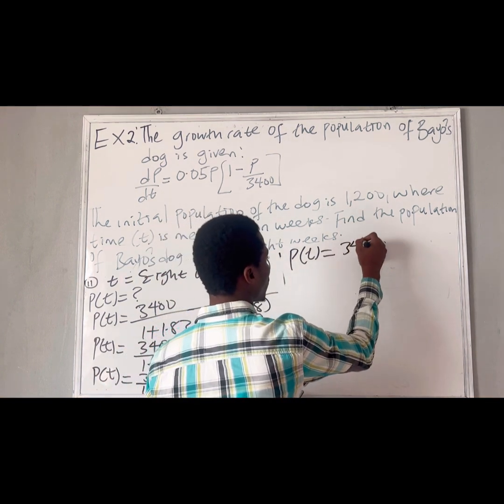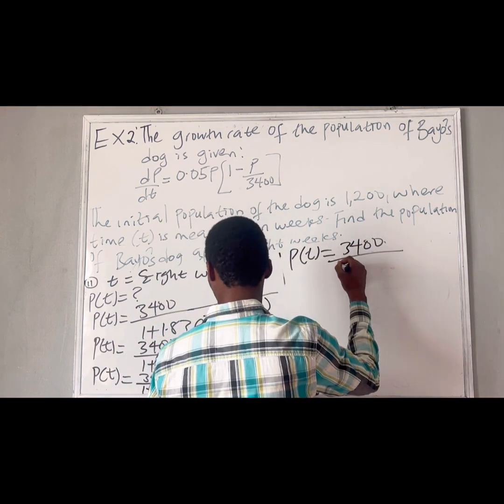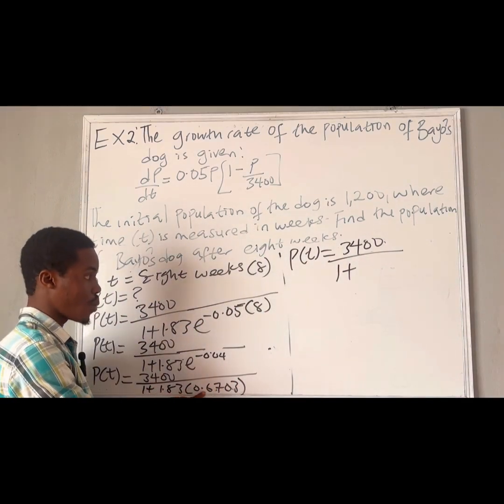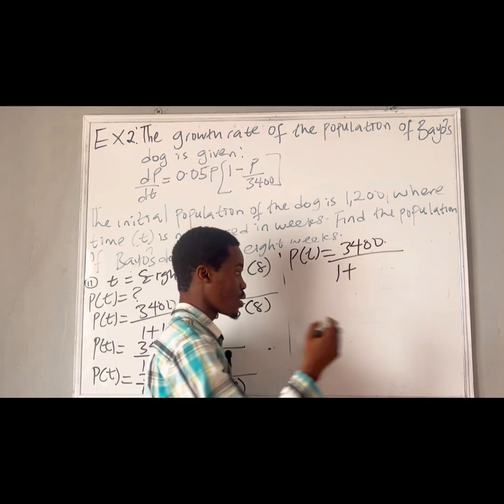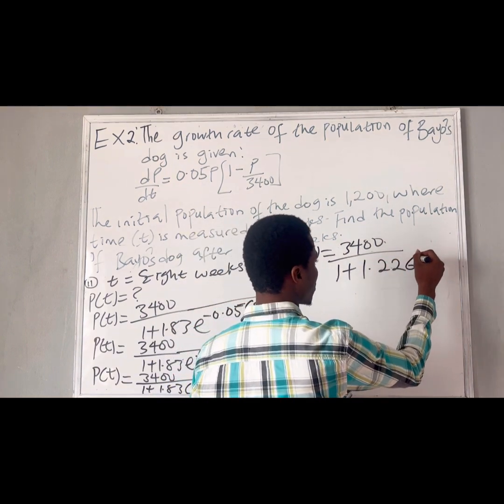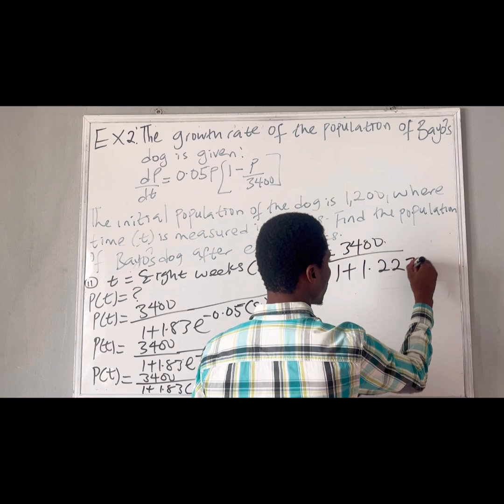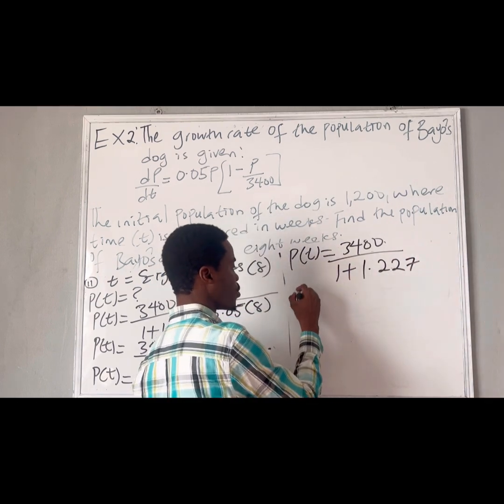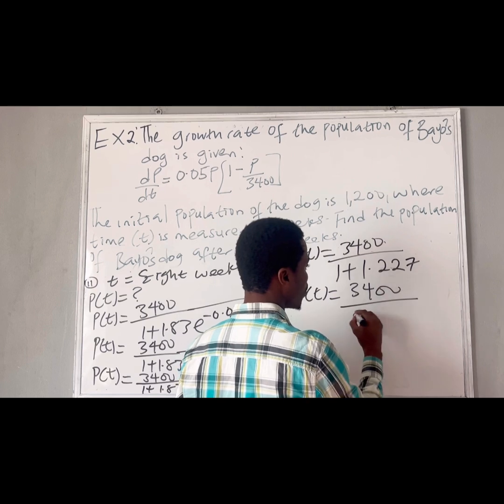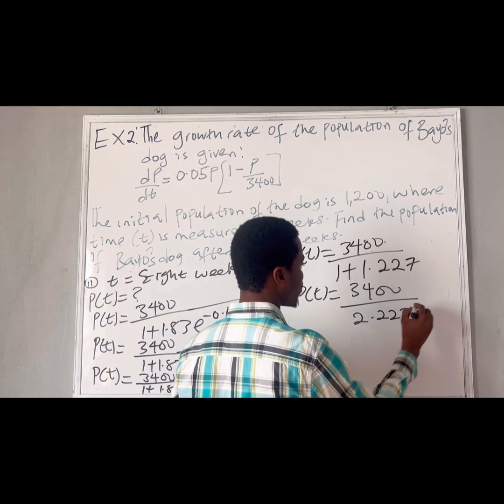So we have 3,400 all over 1 plus 1.227, which is 3,400 all over 2.227.